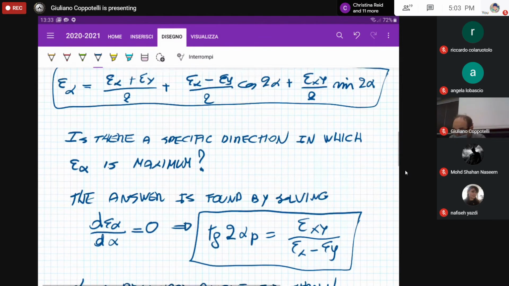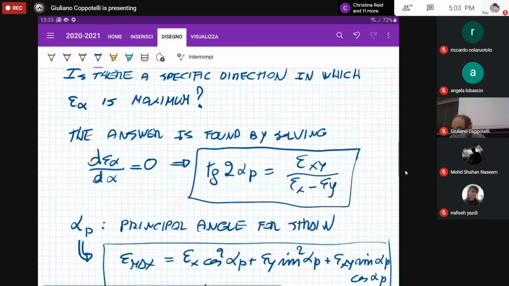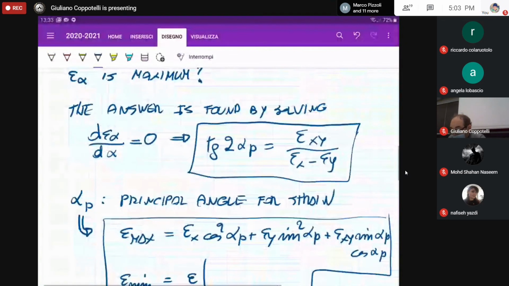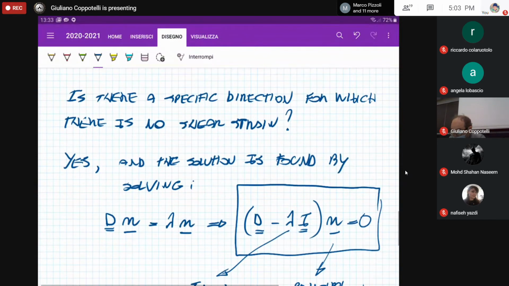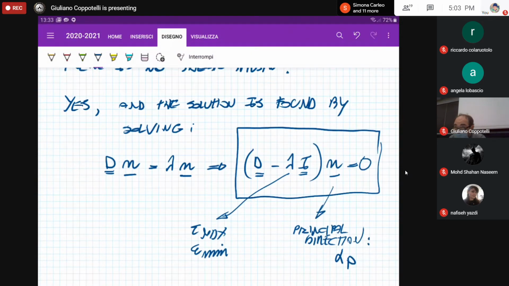We proved that this is given by this alpha p that could be obtained from the tangent of 2 alpha equal to that ratio, or just by solving the corresponding eigenvalue problem associated to the strain tensor.